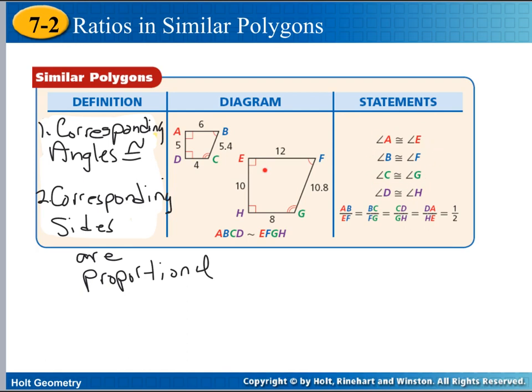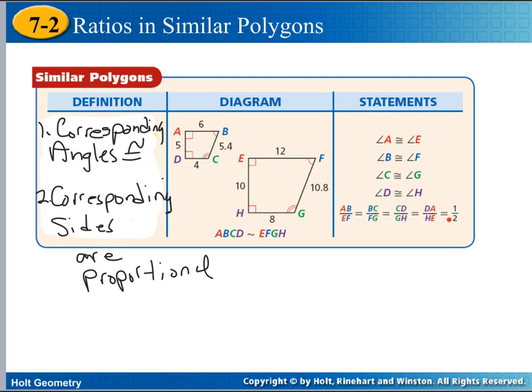So A is congruent to E, B is congruent to F, and so on. So all the corresponding angles are congruent. And these side lengths are in the same proportion. Now, you could name them in any order. I can start at the small figure for the numerator and use the larger figure corresponding side for the denominator, or I could do the reverse.